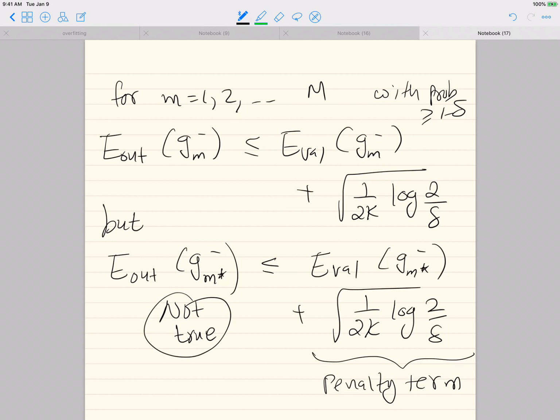First, are there any questions why this does not hold and this holds, even though m star is 1 out of those M events? That is clear. You should be able to answer the second question.